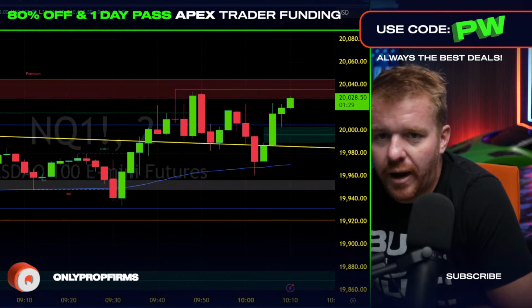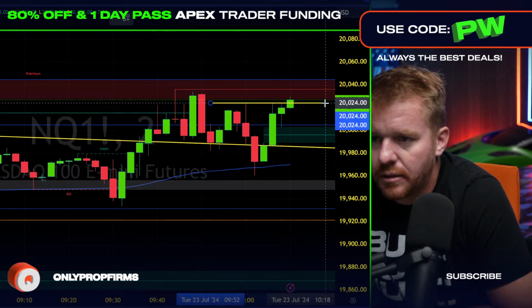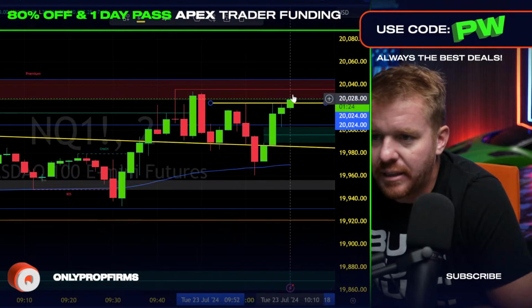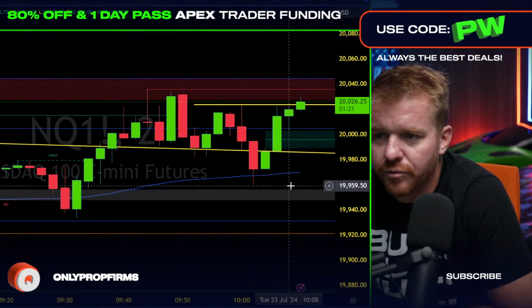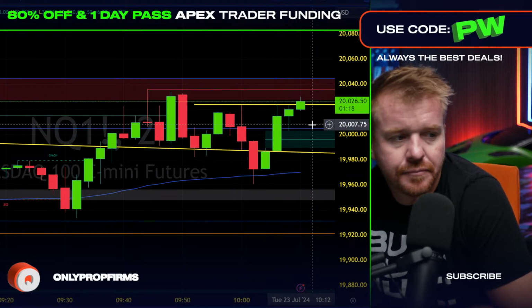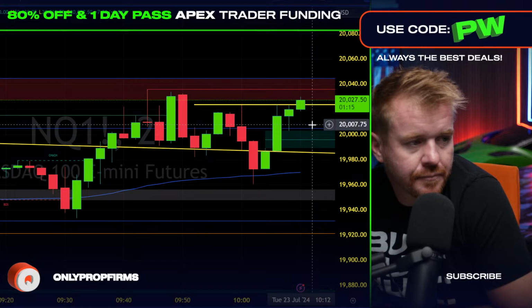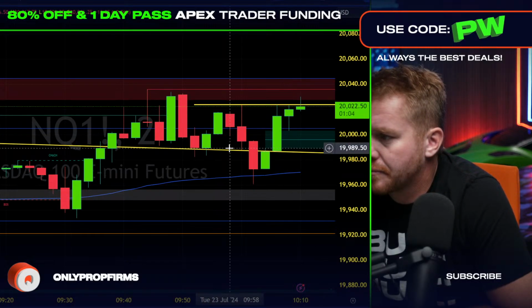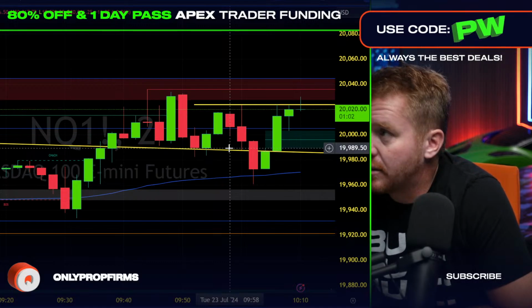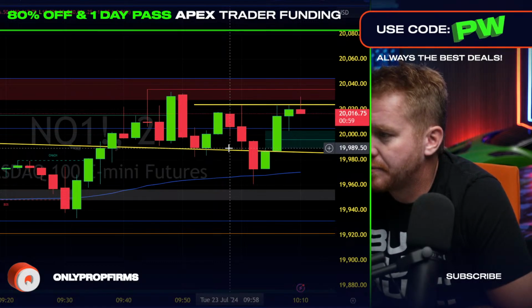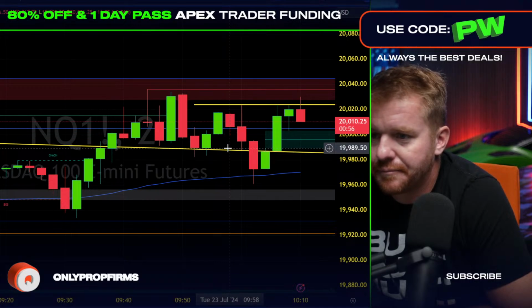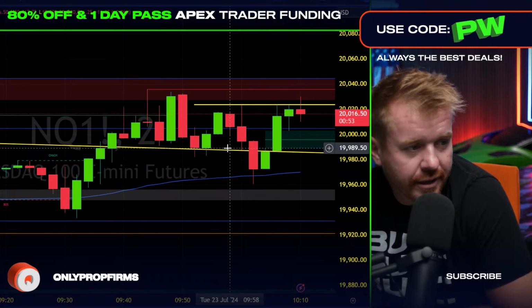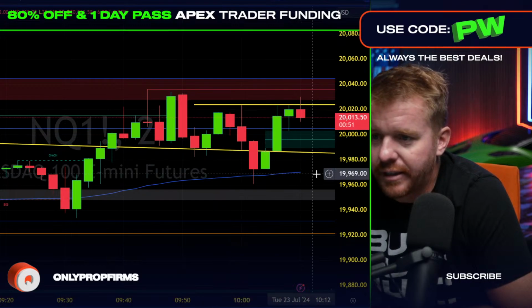For anybody wondering about this idea, you basically had those highs, a little double top, need this push through there up towards the 40s next. Trouble at the 30s again. They're making it hard today.